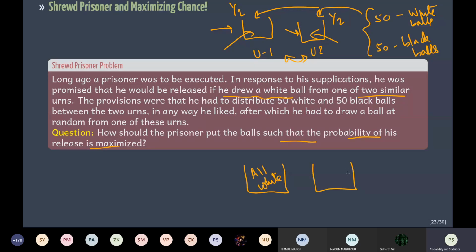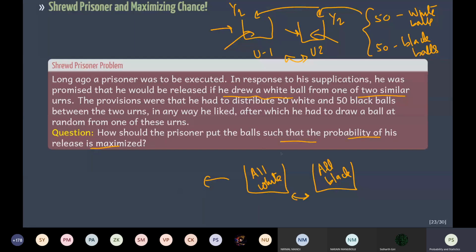And let us say in the other urn he puts 0 whites, all black. So what is the success here? Let us say he did this and he is blindfolded, and the urns may have been flipped randomly, so he has no idea which one is where.